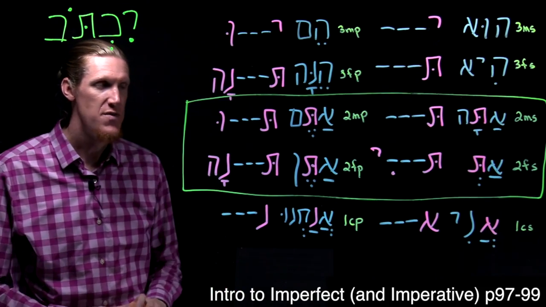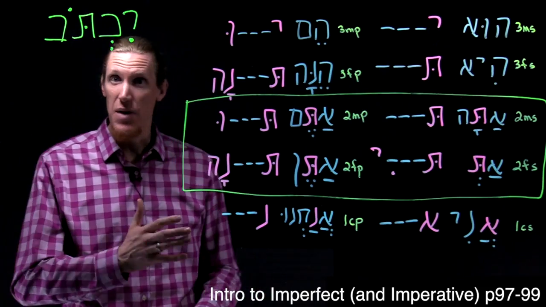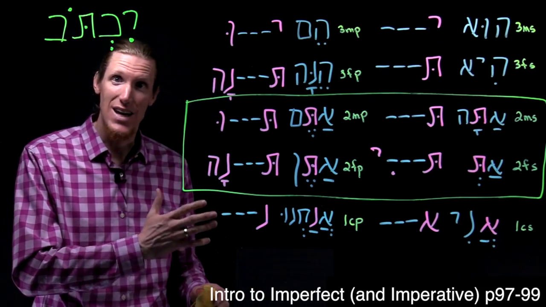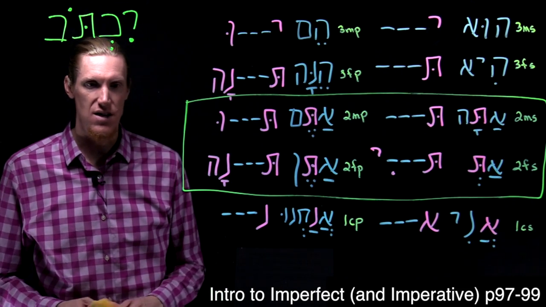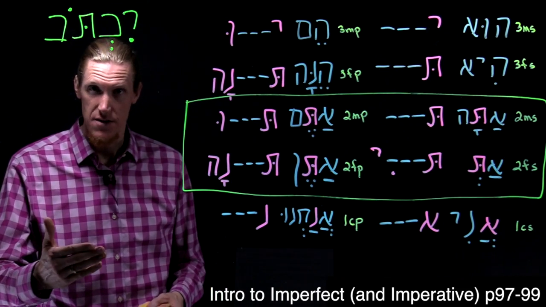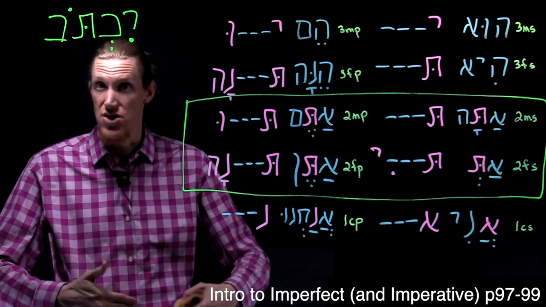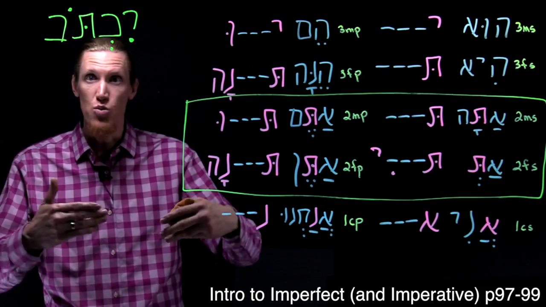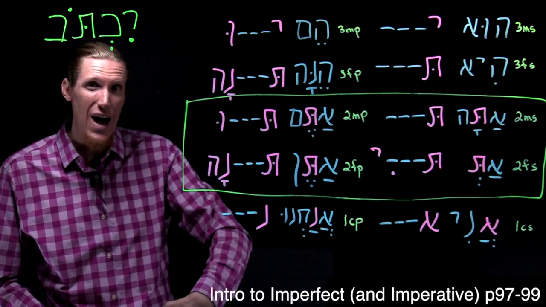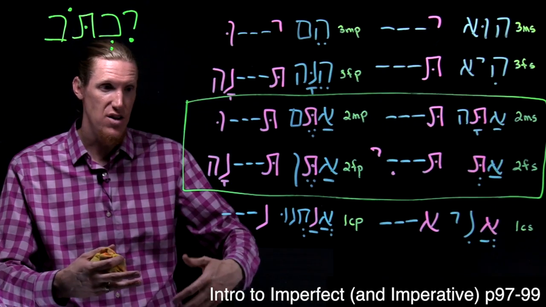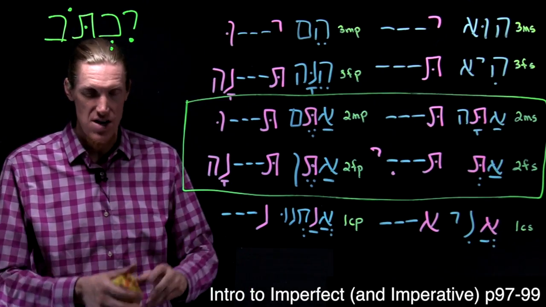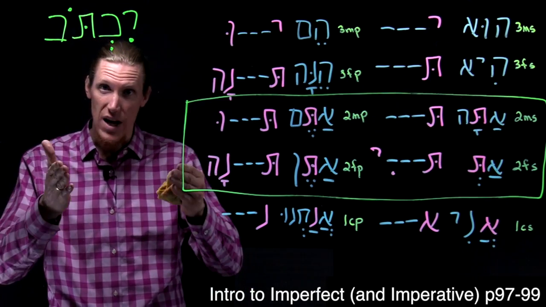It's interesting, it works the same way in English as it does in Hebrew. If you take the sentence, you will write, that would be a translation of the imperfect from Hebrew. If you take the pronoun off, you, and then also take off the future tense modifier in English, you're just left with write.